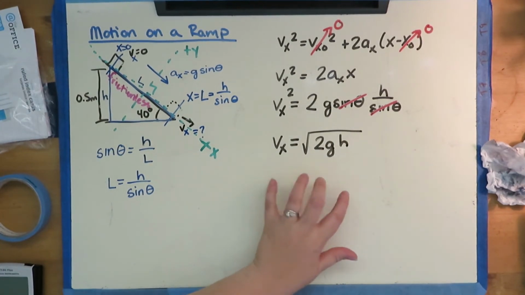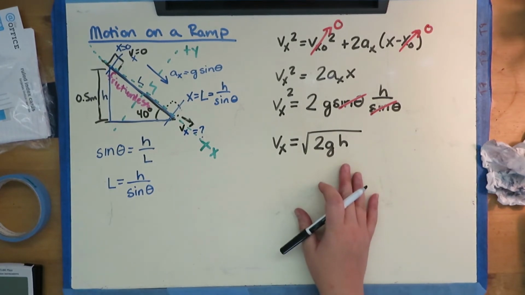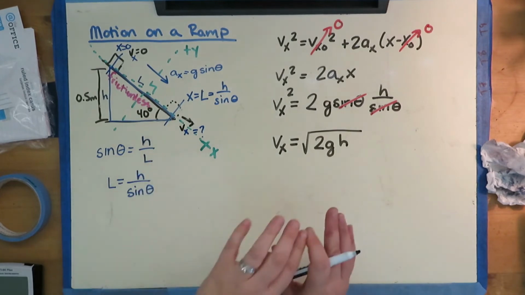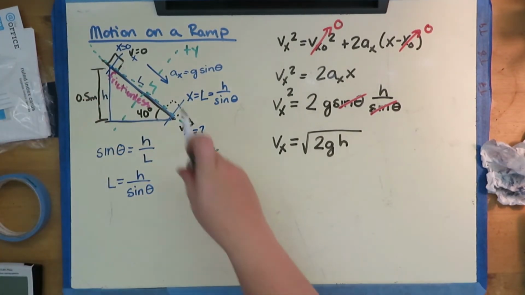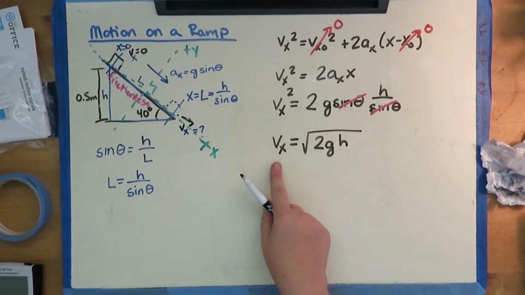So what this non-numerical equation tells me that just plugging in numbers wouldn't, is that my speed at the bottom depends not on the angle, but only on the height. So even if this was a really steep ramp, I would still have the same speed at the bottom.